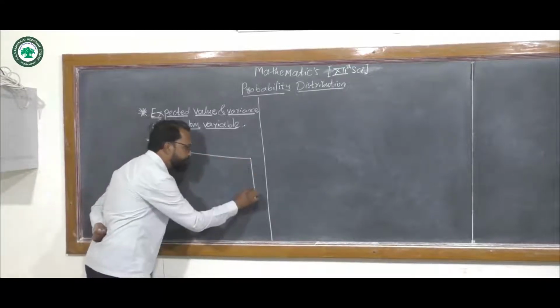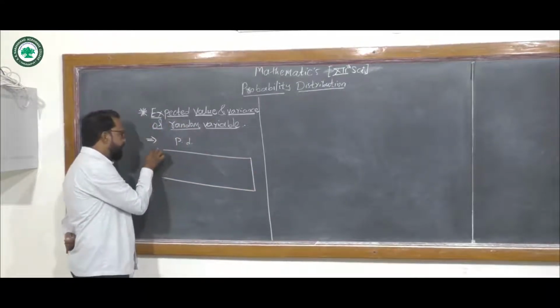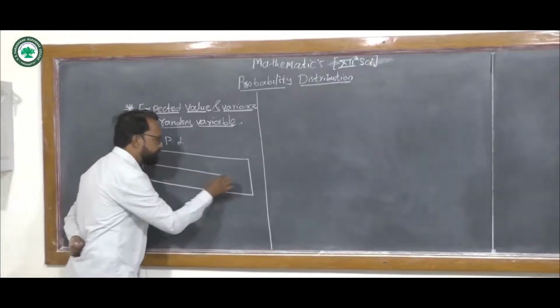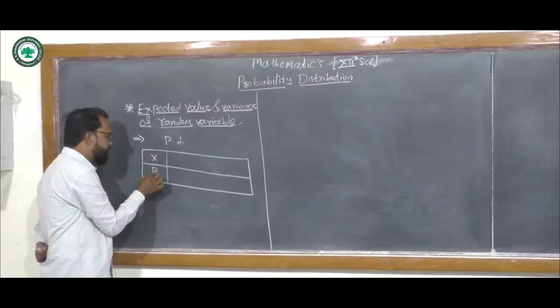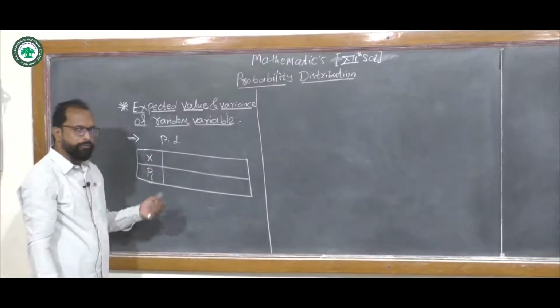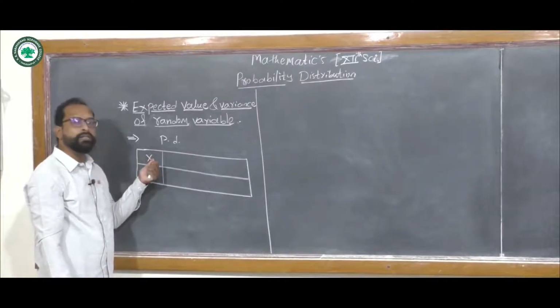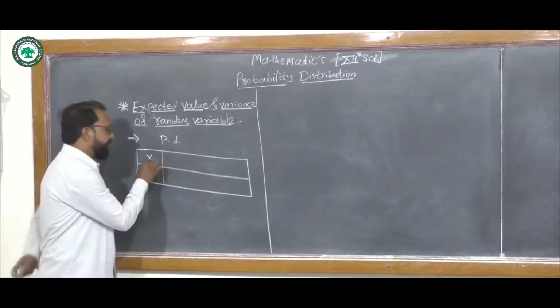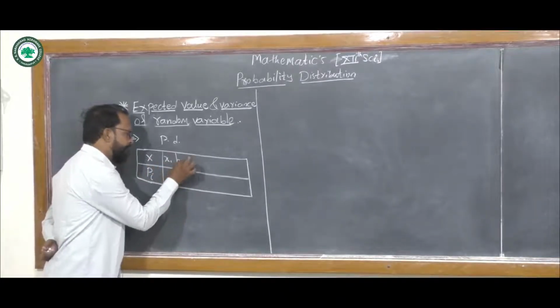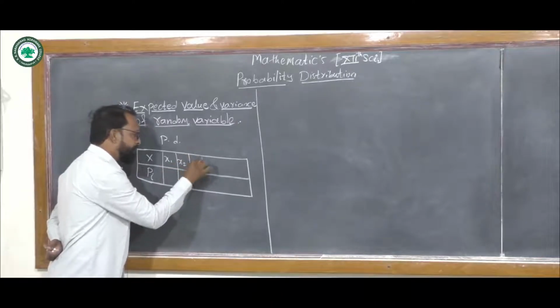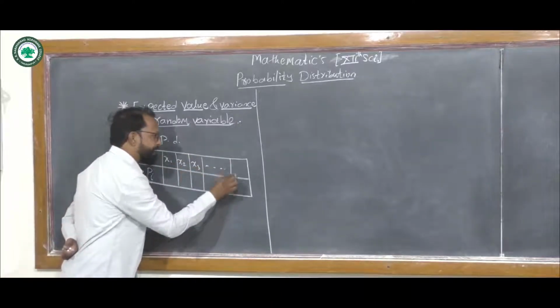The probability distribution for a random variable x in tabular form. Let random variable x take the values x1, x2, x3 and so on up to xn.